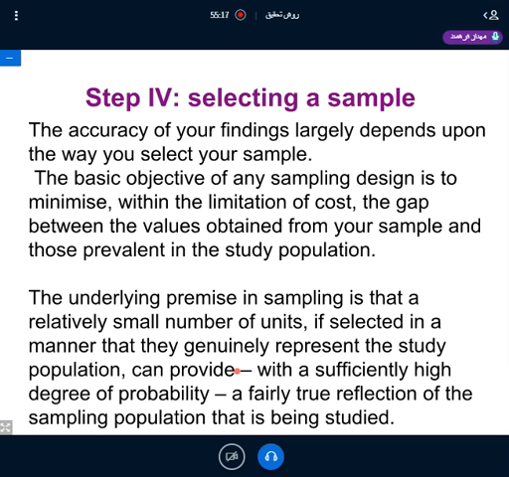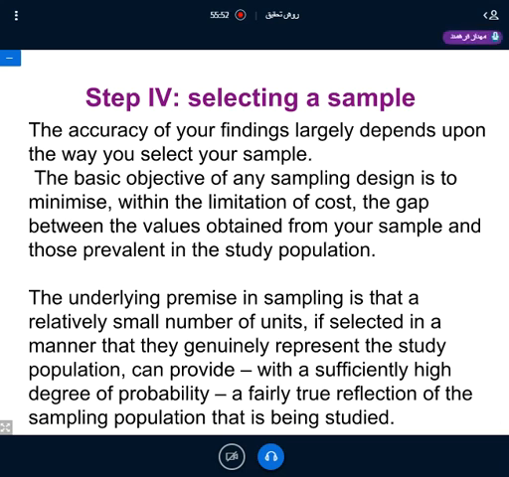The underlying premise in sampling is that a relatively small number of units, if selected in a manner that they genuinely represent the study population, can provide with a sufficiently high degree of probability a fairly true reflection of the sampling population that is being studied.